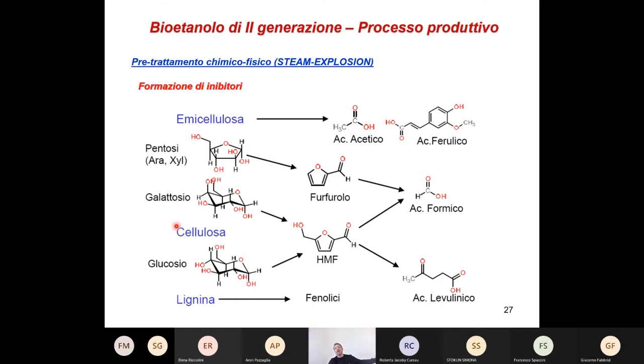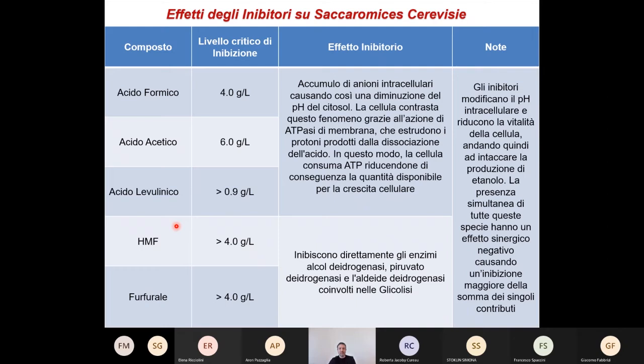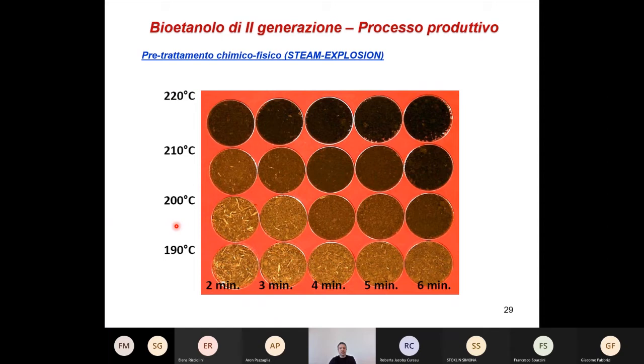We investigated a lot of biomass, and a great part of our research is concentrated on this pretreatment. These are the inhibition effects, but not so important in this lesson.